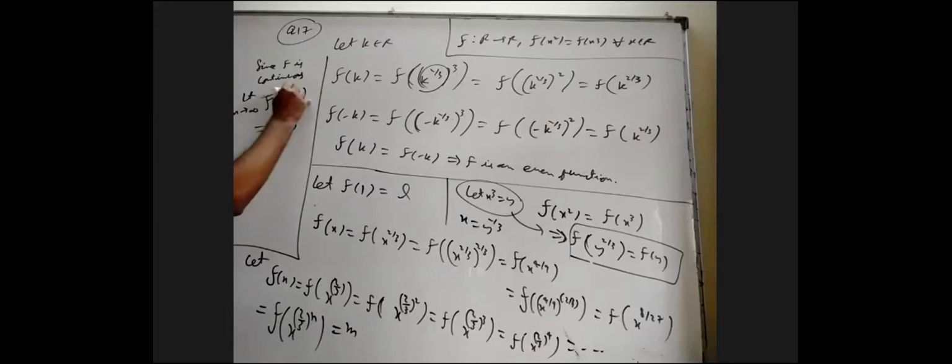Because when n is becoming infinity, a number less than 1 to the power infinity will become 0, and x power 0 will be 1. But this is always m. Whatever n you take, it is always m. And f of 1 is L. So m is equal to L.